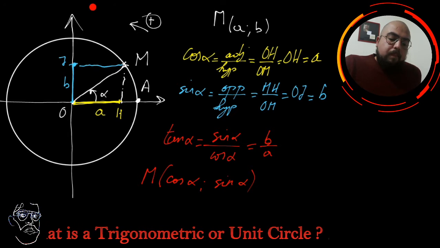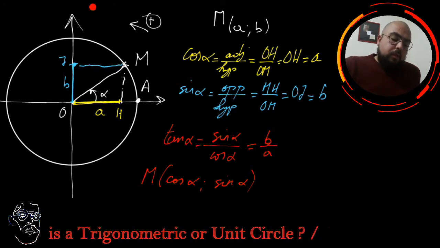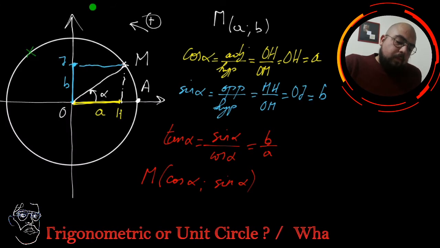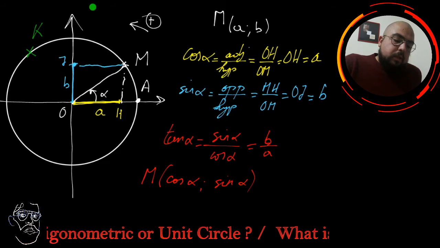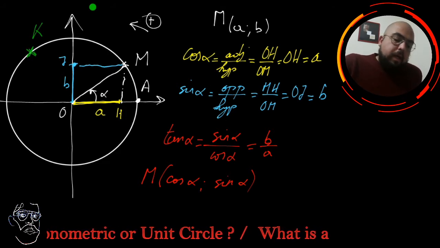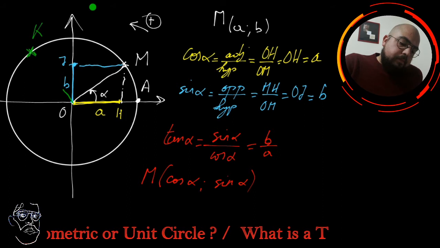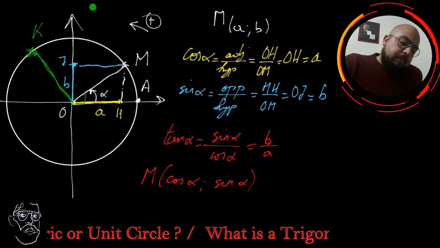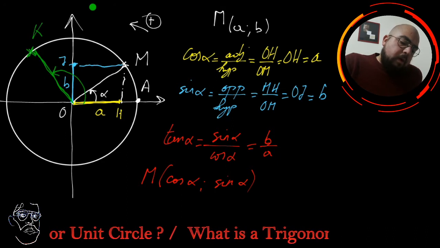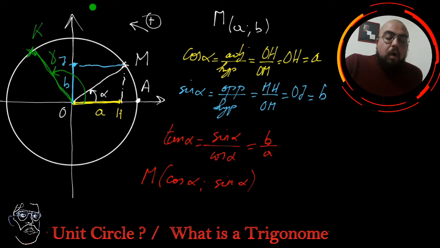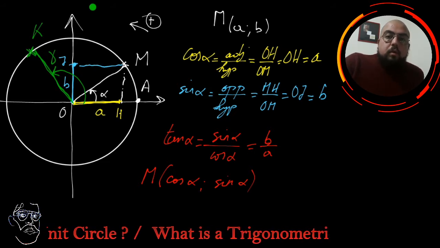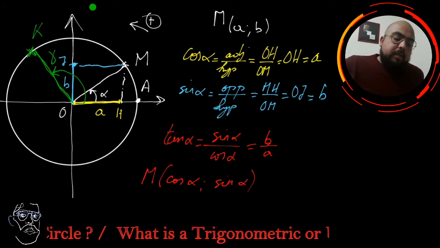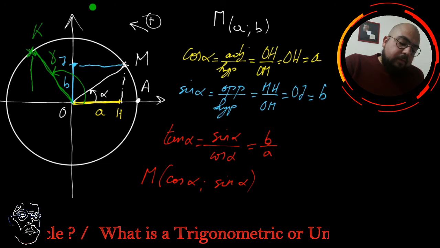Now, what about a certain point, let's call this point K, which belongs to this position, and the angle in this case is gamma. Now if you check the position of K, it's no more in the first quadrant. K has a certain abscissa which is negative.